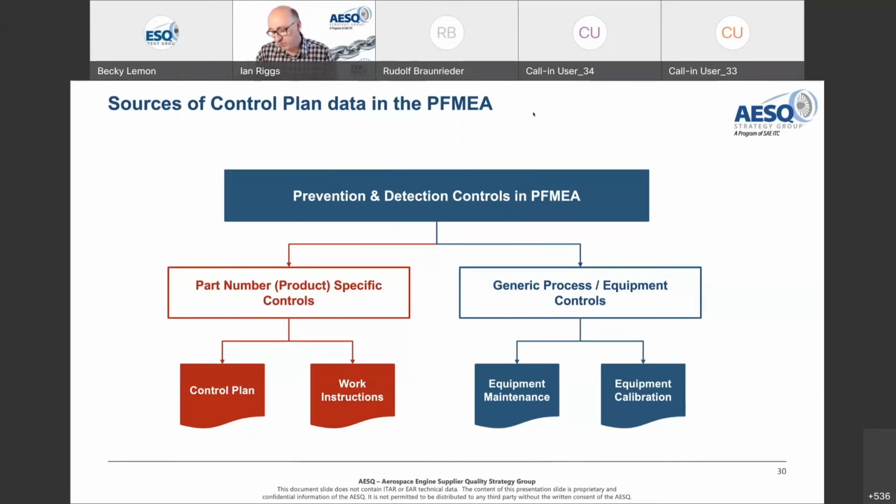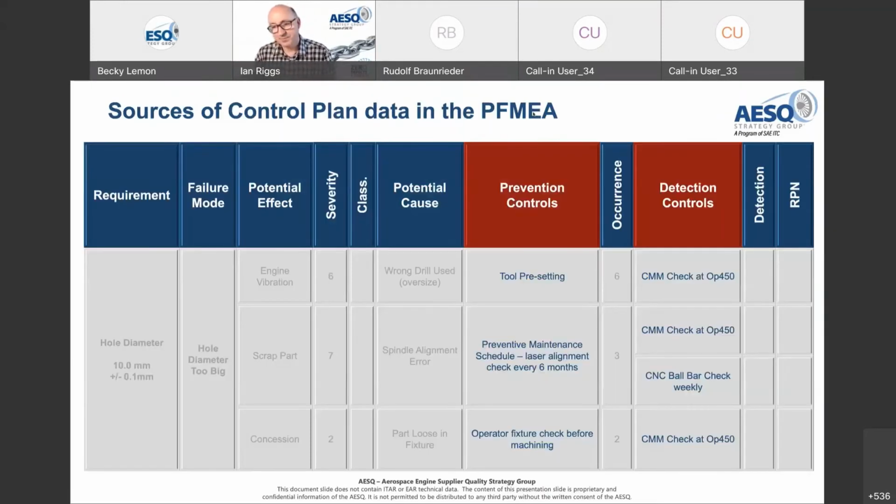So when you look back at this list, there are some things which are very much related to the part. So if you look at CMM check at op 450 detection controls, that is absolutely part number specific. When you look at preventive maintenance schedule, that is not part number specific.